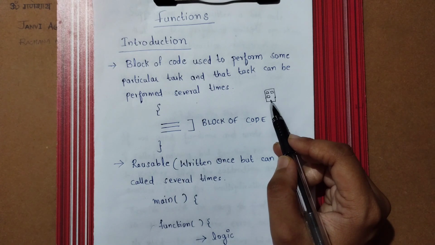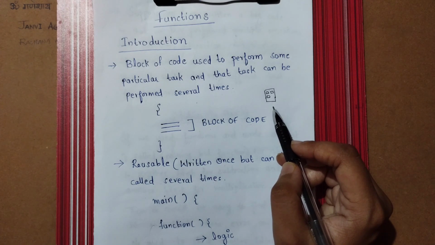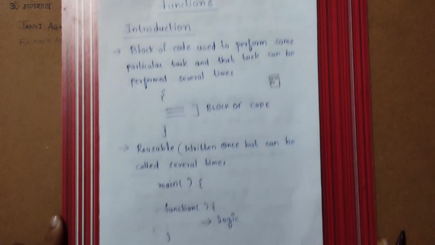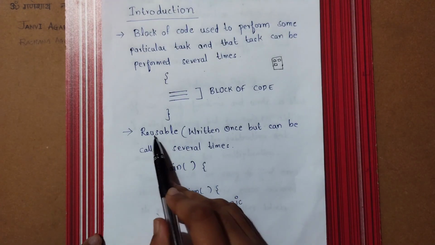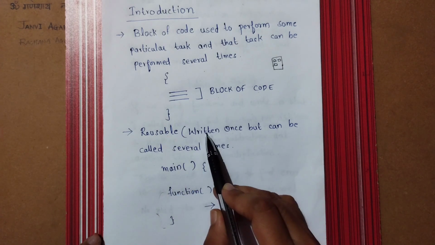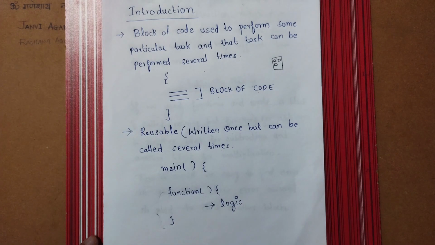If we want to change the channel, we'll use one button. Again, if we want to change to another channel, we'll do the same activity several times. So here we have reusability, in the sense that we write once but can use it several times.